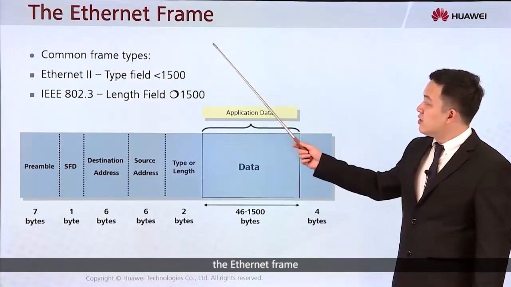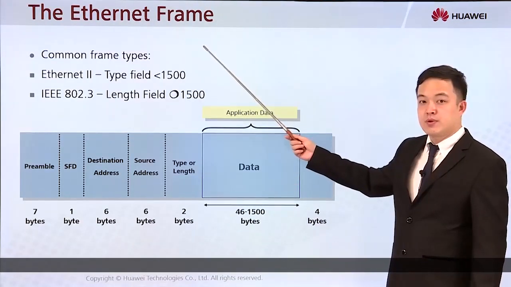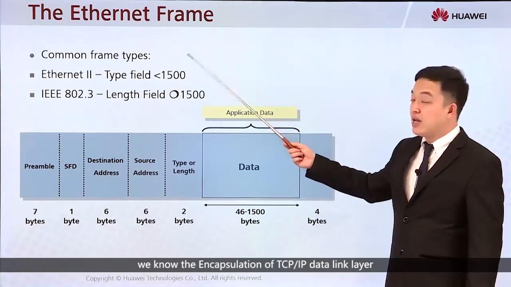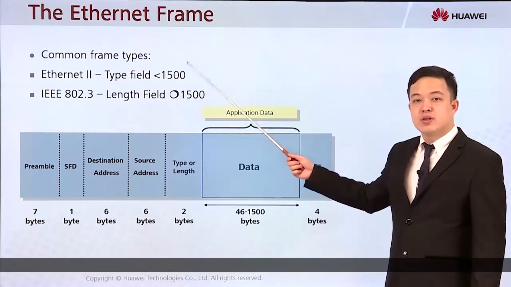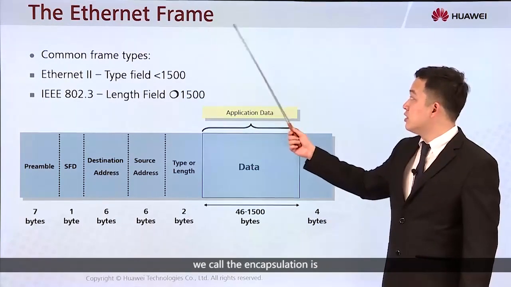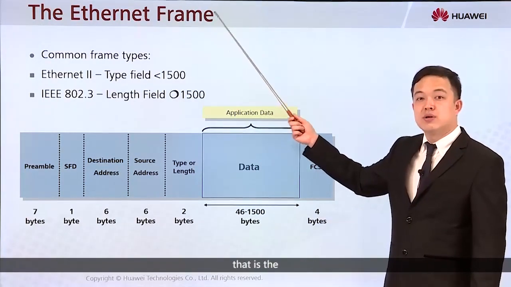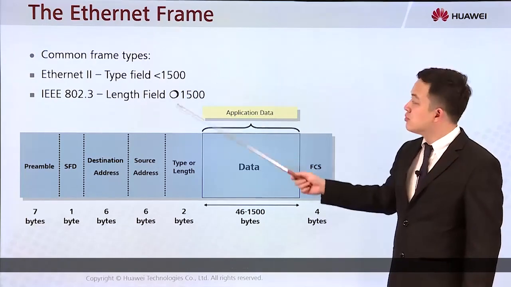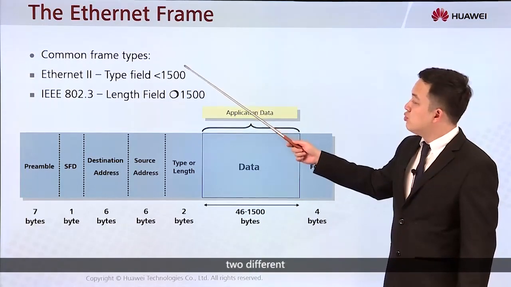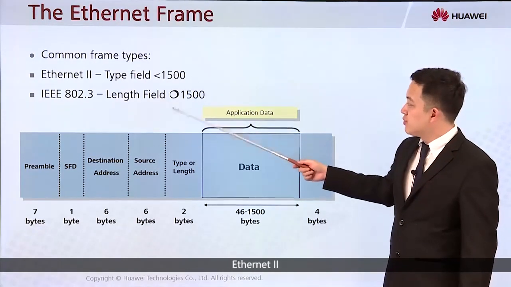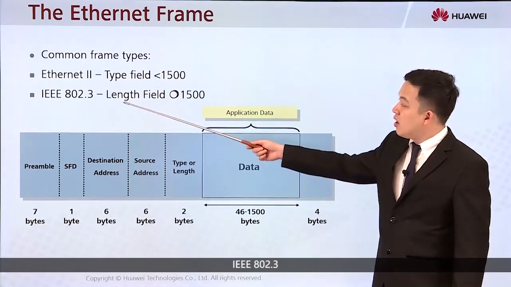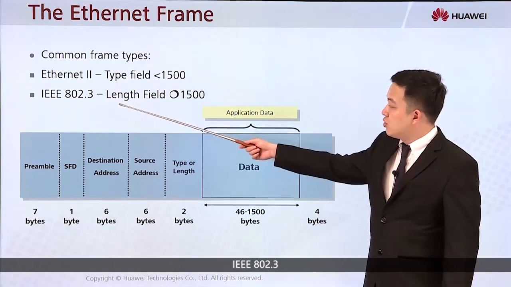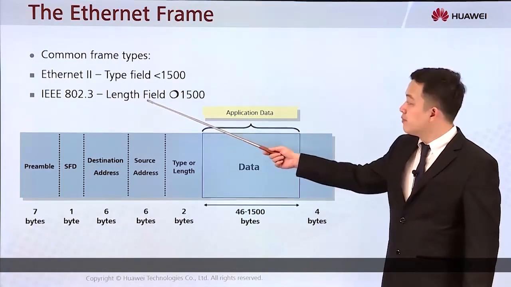Okay, the Ethernet frame. We know the encapsulation at the TCP/IP data link layer. We call the encapsulation a frame. That is the name of this packet. We have 2 different standards, Ethernet 2 and IEEE 802.3.